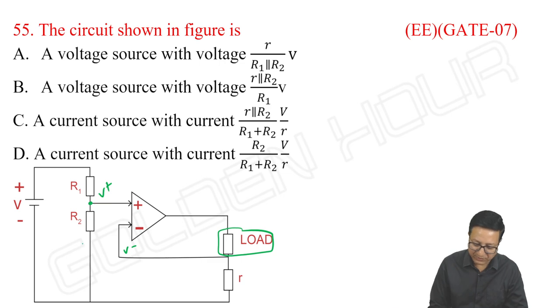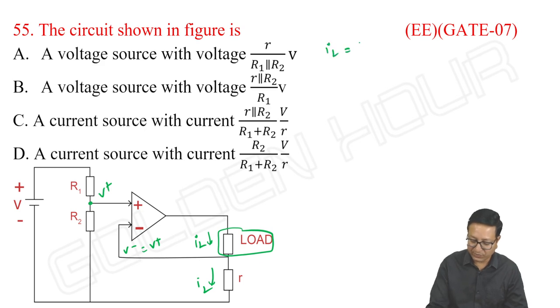So what is V plus? It is equal to V by R1 plus R2 into R2. And due to virtual short, V minus is equal to V plus. And this is mentioned as the load, this is IL, the same IL will be flowing here.